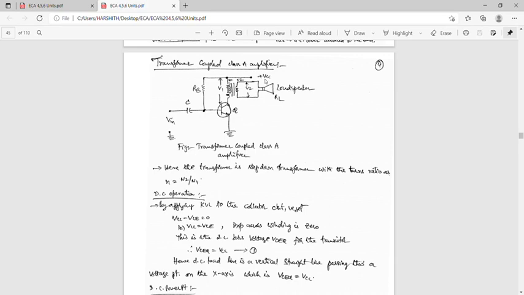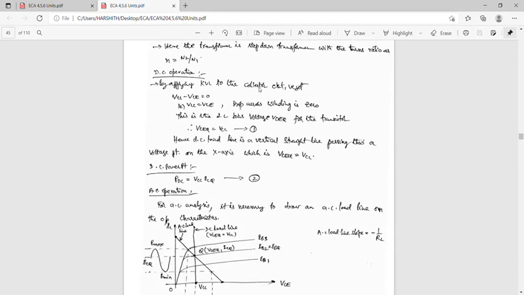This is the DC bias voltage VCEQ for the transistor, so VCEQ equals VCC. Hence the DC load line is a vertical straight line passing through the point on the x-axis where VCEQ equals VCC.